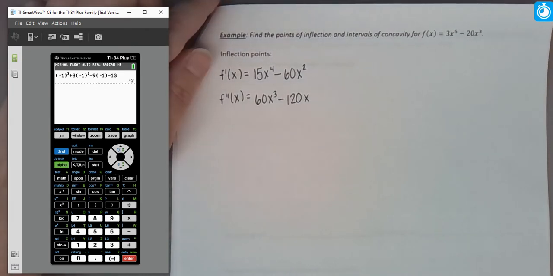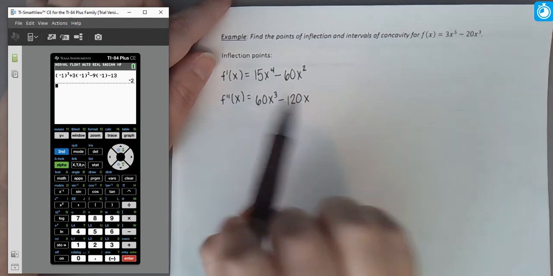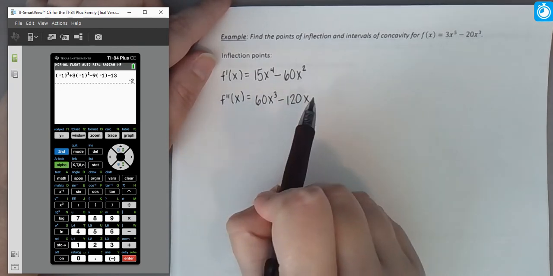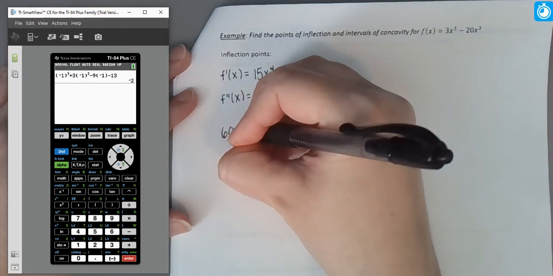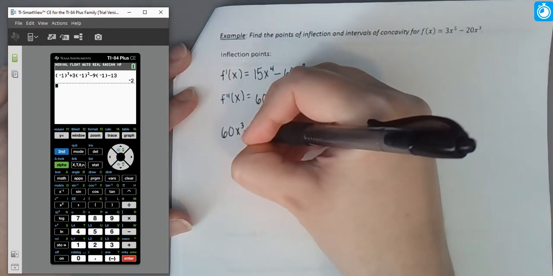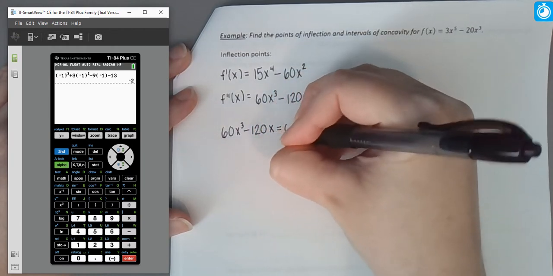Okay, so a point of inflection will occur either where this is 0 or where it's undefined. Again, this is a polynomial, so it's defined for all values of x, which means we're just looking for locations where this has a value of 0. So let's take this and set it equal to 0.